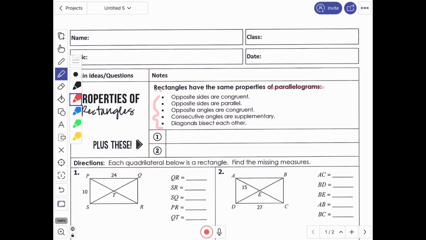So a lot of you, I could tell, were getting your properties from Google and you were not using these, so make sure you're using these properties and not the ones from Google, because Google has one about if one angle is right, then all the angles are right, and that is true, but that's not true for all parallelograms.